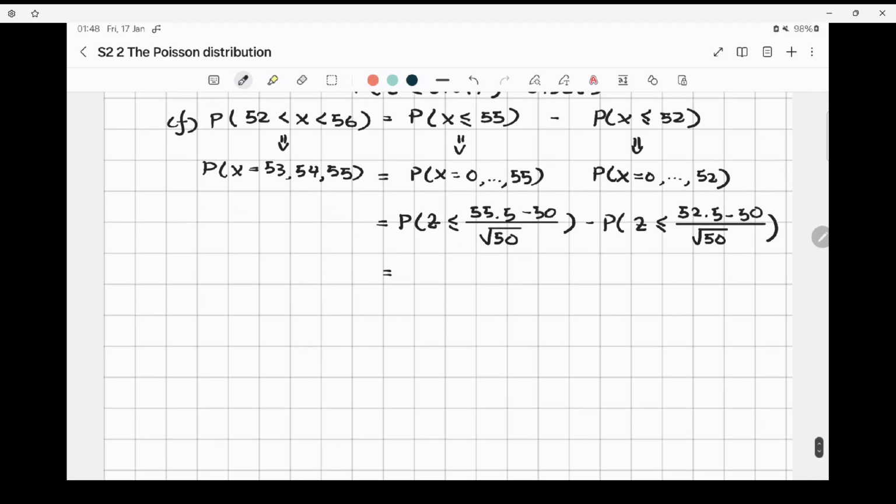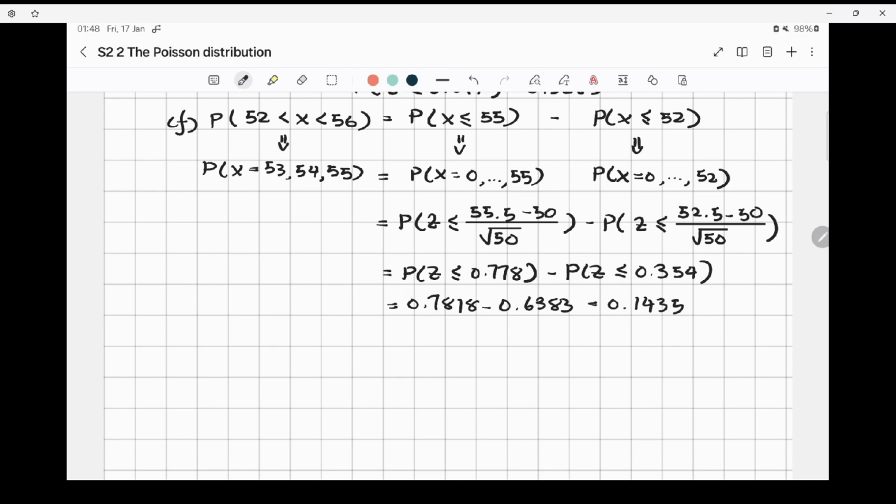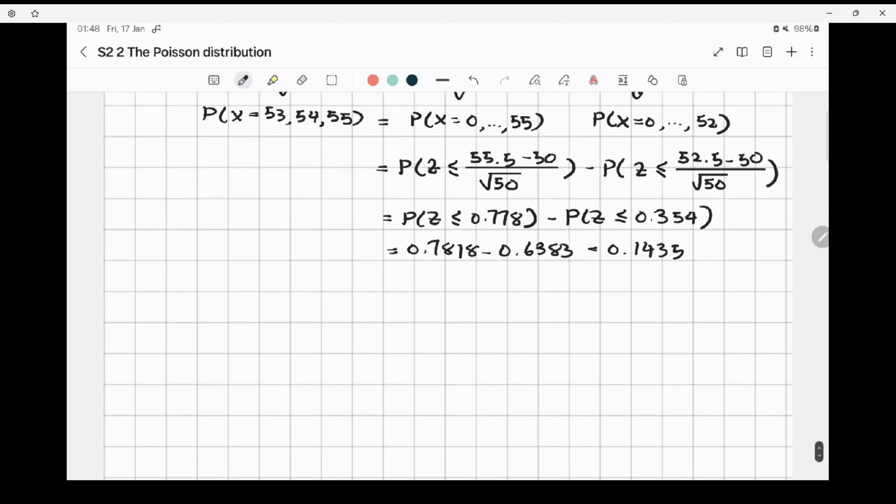So this will be P(Z smaller or equals to 0.778) minus P(Z smaller or equals to 0.354). So you take 7818 minus 6383, you will get 1435. Okay.